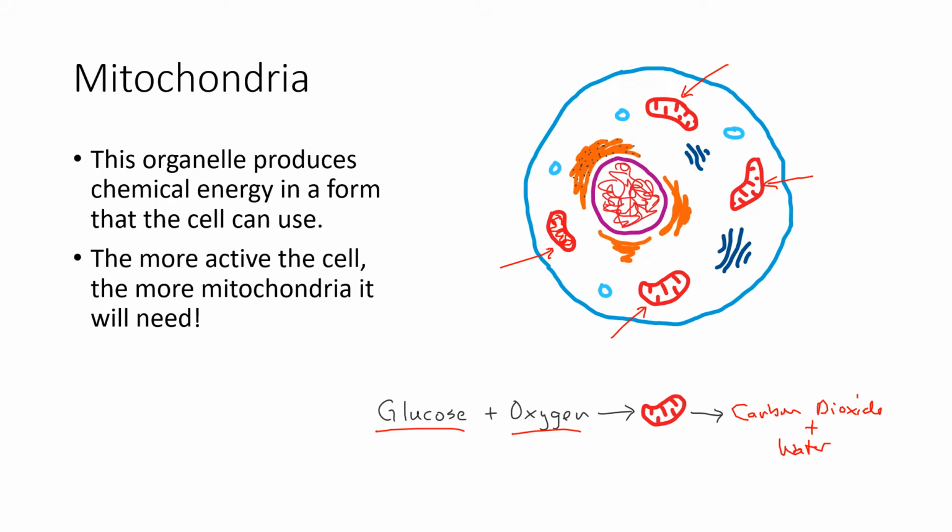But what a mitochondria does is it just amps that up, like makes 15 times more from the same amount of glucose. These chemical energy molecules are called ATP, and you'll learn about them later in biology, but I'll plant that seed now. These neat little molecules are used to do all the processes that require energy within a cell.